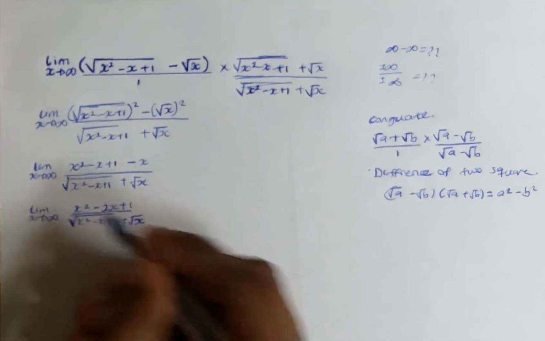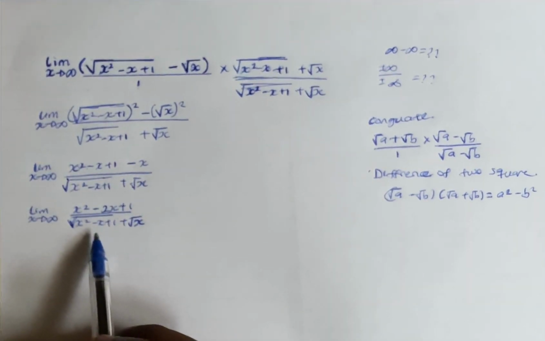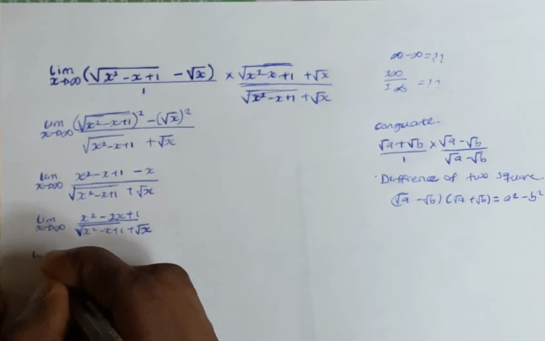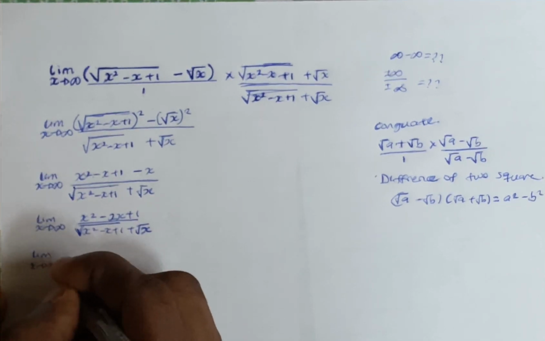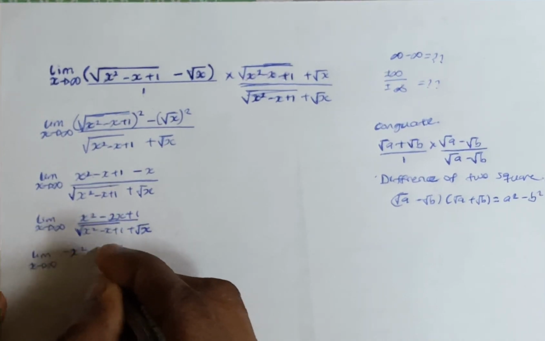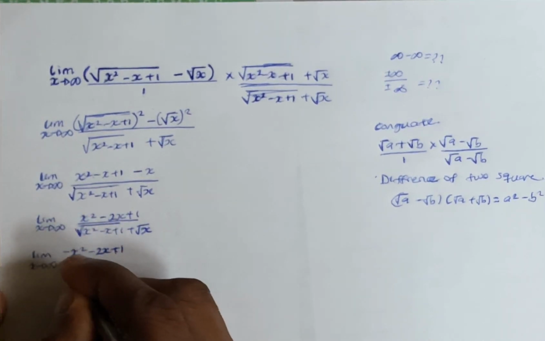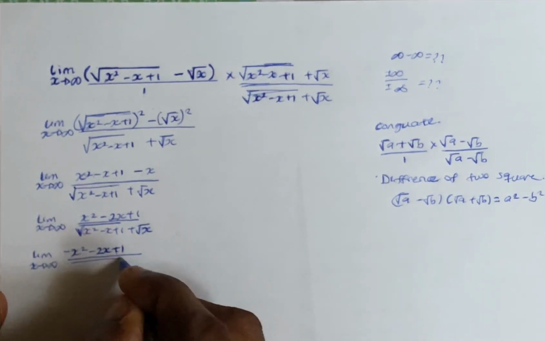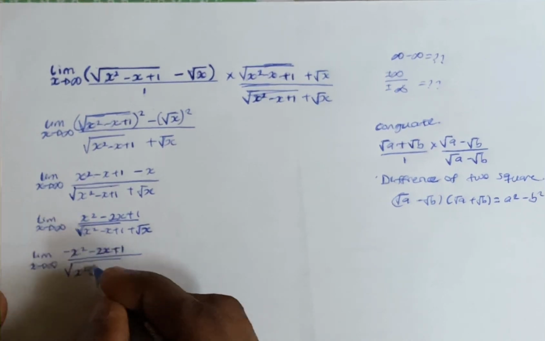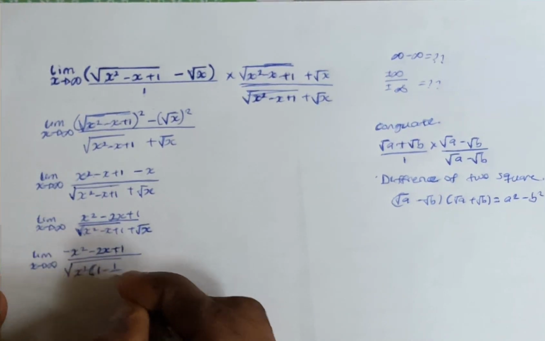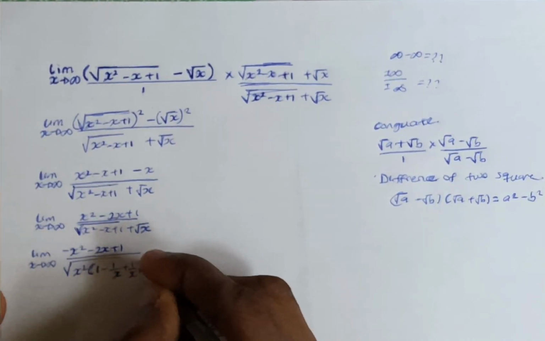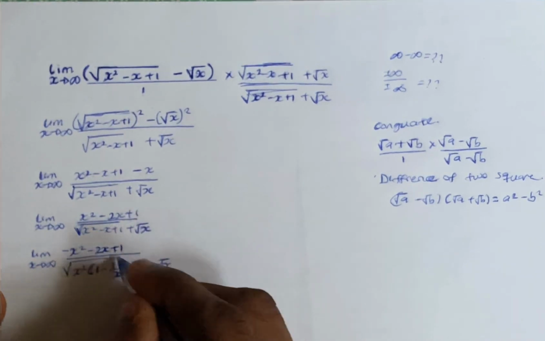Now how do we go on from here? If we have a question like this, we solve it like this. We say limit as x approaches infinity. Let's factor x squared. We have x squared minus 2x plus 1 divided by, now we factor x squared out for this, so we take out x squared here, which will be 1 minus 1 over x plus 1 over x squared, plus root x.